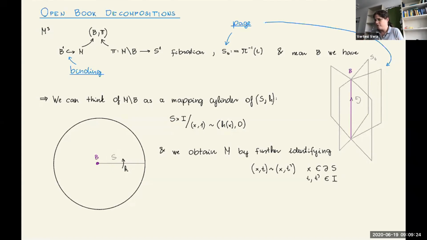So if you factor out with x1 being equal to h(x0), you get a manifold whose boundary is the binding cross S1. Then you factor out with an extra equivalence relation, where you collapse each point of the binding cross S1 onto one point. So (x,t) is collapsed into (x,t') for any point on the binding. Okay.